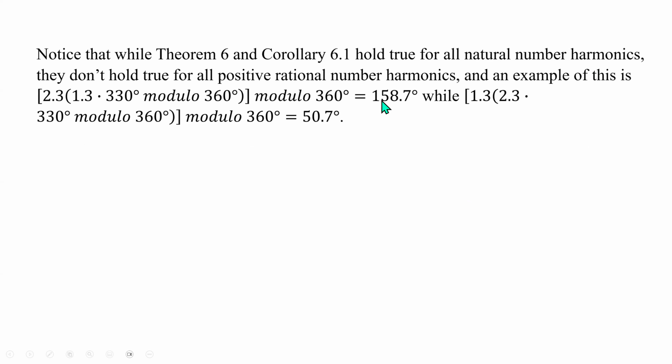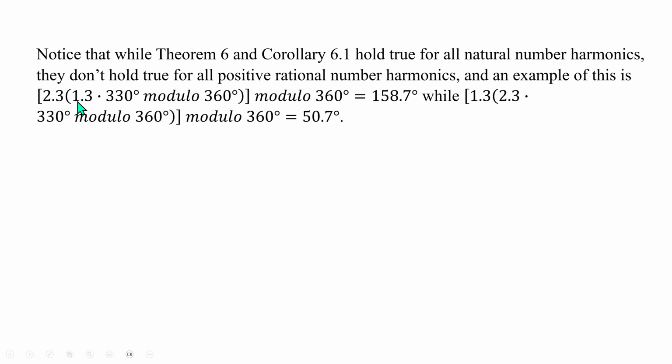I wind up with 158.7 degrees. But if I take 1.3 times (2.3 times 330 degrees modulo 360 degrees), and reduce that whole thing modulo 360 degrees, it should come out to something different, 50.7 degrees.